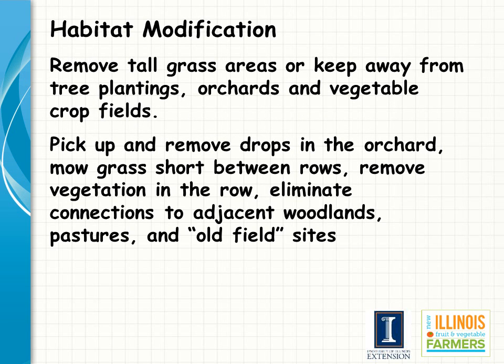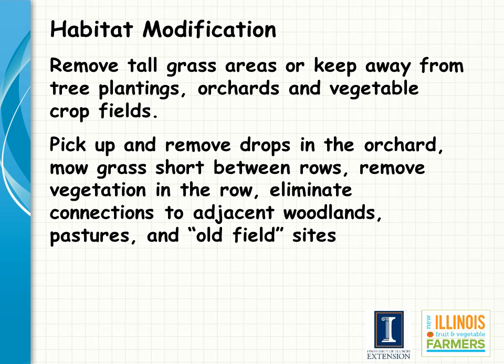Because rabbits have a small home range, habitat modification can reduce damage by keeping escape cover and preferred habitat away from crop fields and orchards. Rabbits prefer tall grass, shrubs, and brushy areas because these areas offer protection from predation. Mowing vegetation surrounding the crop field and within orchards can reduce these preferred escape cover areas.